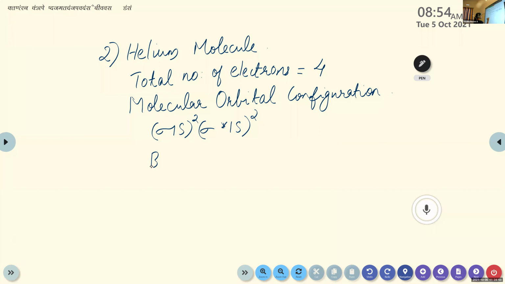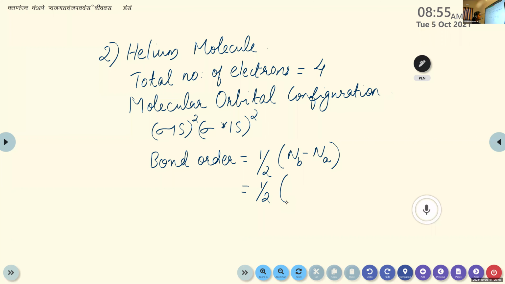The next step, bond order. Half into Nb minus Na. So what about the number of electrons in bonding molecular orbital? He told you sigma and pi are the bonding molecular orbitals, and sigma star and pi star are the anti-bonding molecular orbitals. The number of electrons in bonding molecular orbital is 2, minus the number of electrons in anti-bonding molecular orbital, 2.